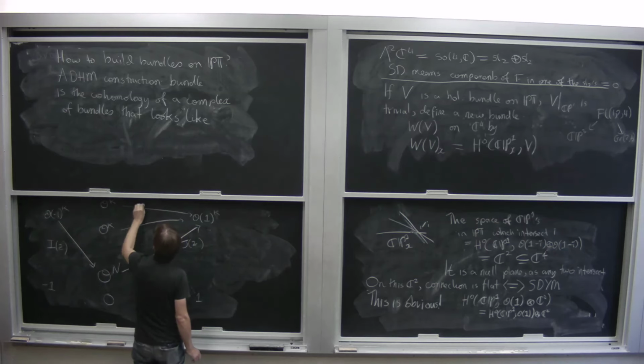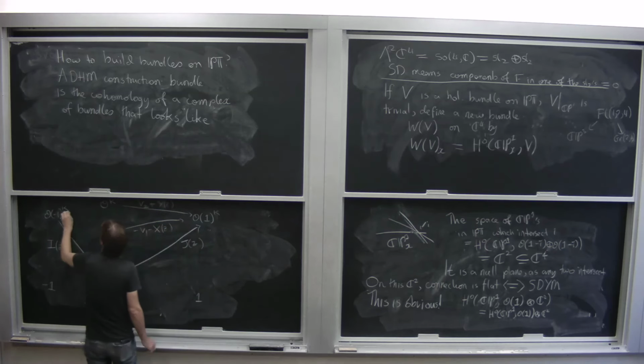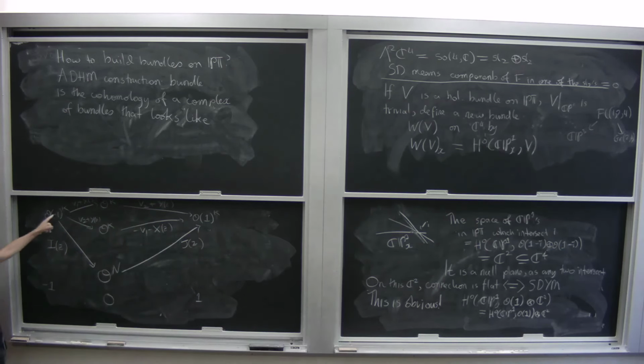This is like V2 plus X. So if you remember, V1, V2, and Z are coordinates on twistor space.